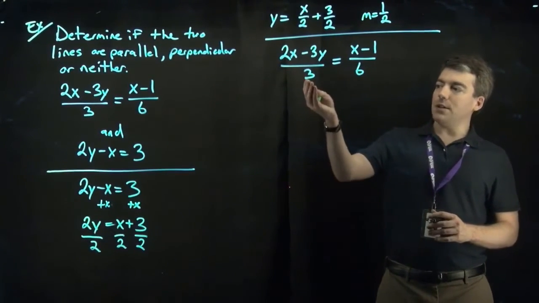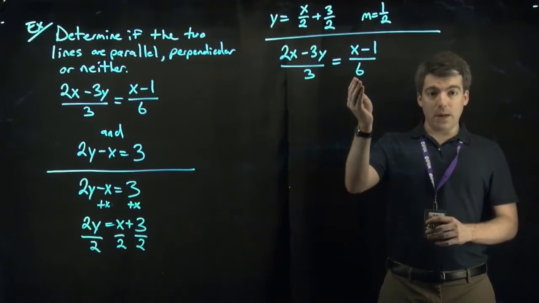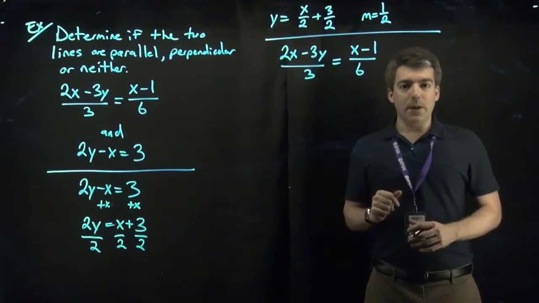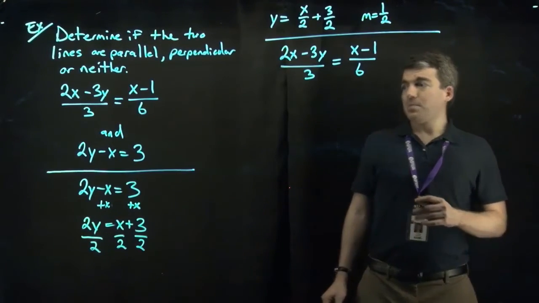We see a 3 here and a 6 here. 6 happens to be 2 times 3. So if we multiply both sides by 6, we will clear all of the denominators. That's what we want. So let's multiply both sides by 6.